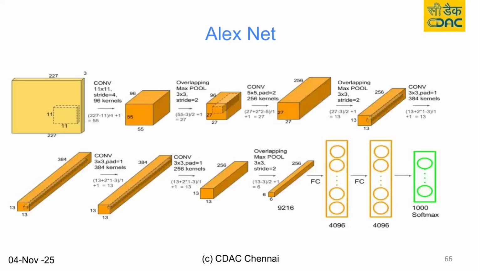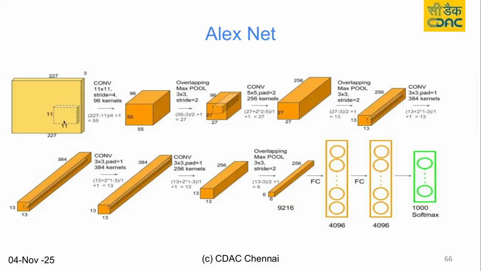So, as I said, AlexNet was the first such neural network. This is the architecture of AlexNet, where the input image is 227 cross 227 cross 3, and the kernel, the weight matrix, is 11 cross 11, and they have used a stride of 4.